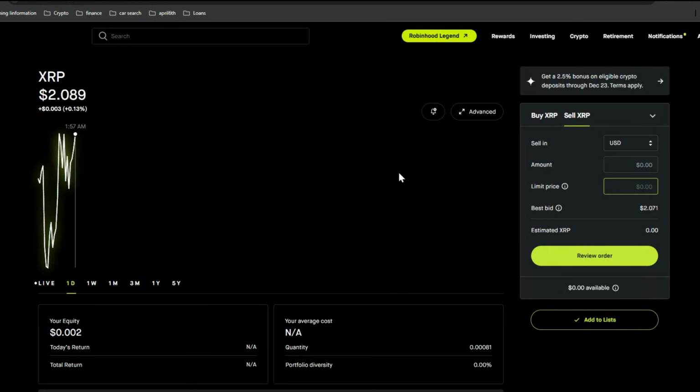So current price is $2.08, and we want to make sure we sell it at $2.20. That's what you would use to place that order. But again, I don't have any funds there. I don't plan on buying any tonight, but it would come out of your available XRP, not cash. And that's how you would execute it.